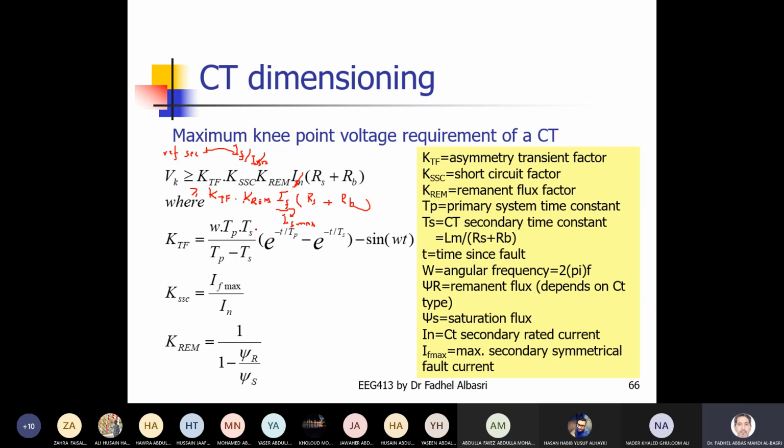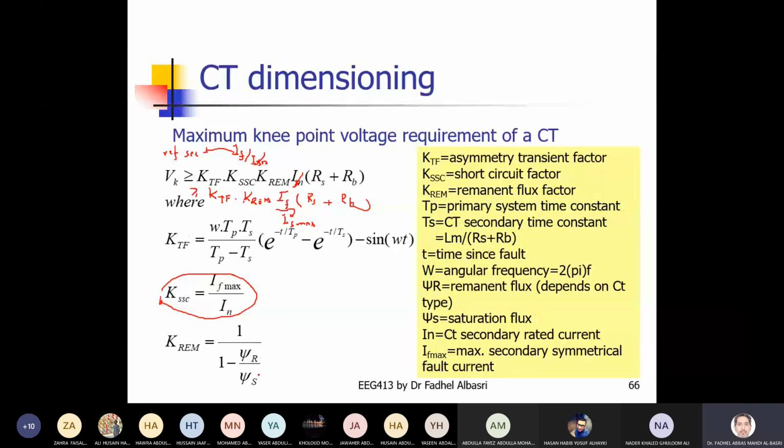So in general, K transient factor is with this equation, that this is phi DC plus phi AC. And this K remnant takes into account... I don't have to have this because I have already substituted here. This shows you the maximum fault current with respect to the rated current of the CT.